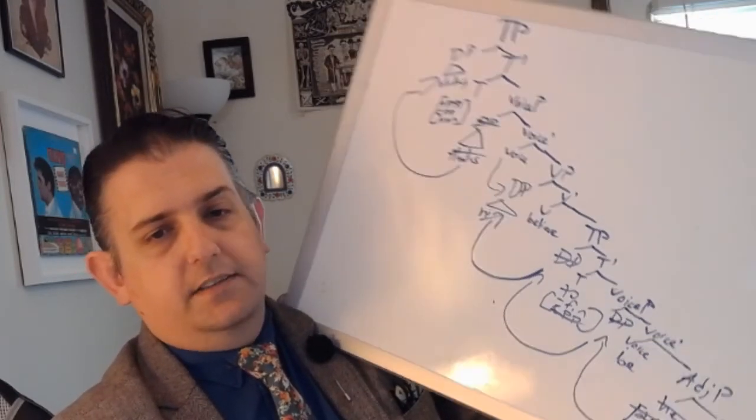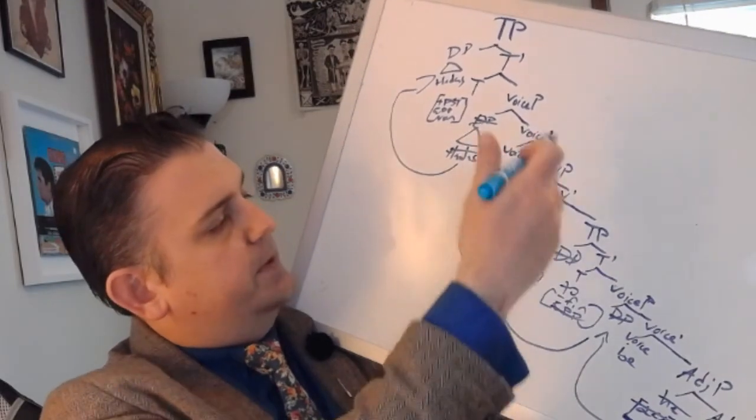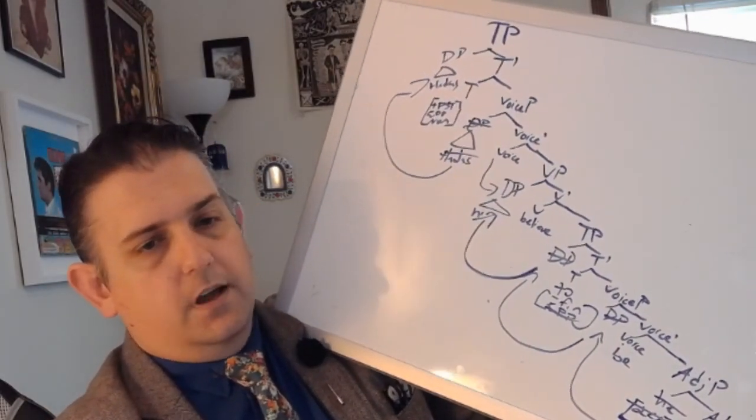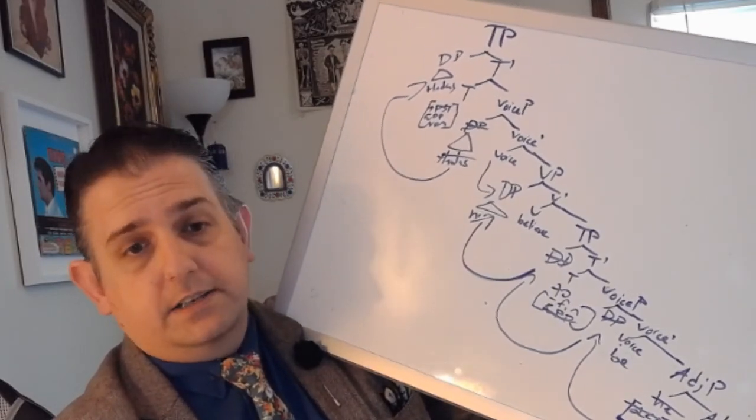But here again, it's the availability of this extra object position that allows this to happen. It's the same basic structure of a ditransitive. And it's actually the principles that we've seen at work throughout syntax that allow this to happen.